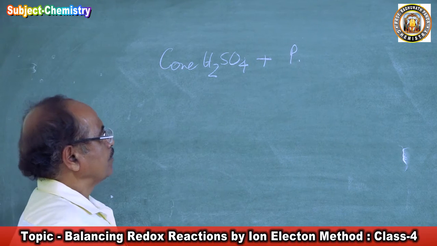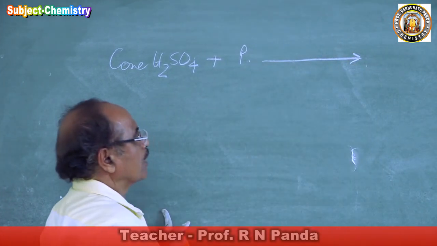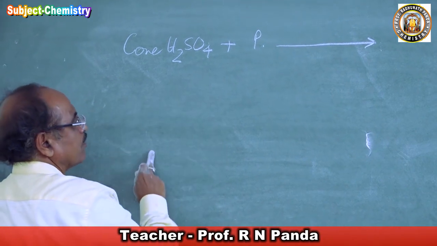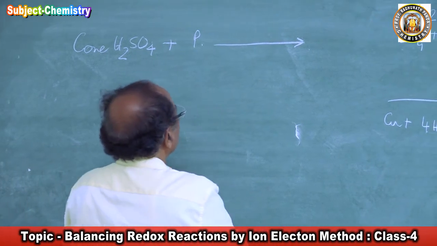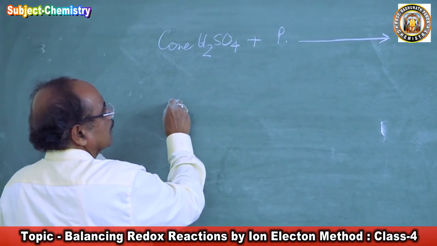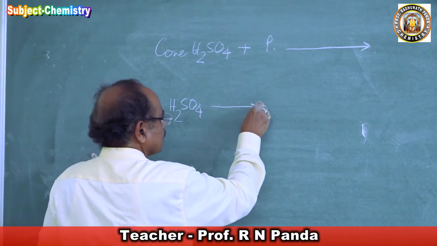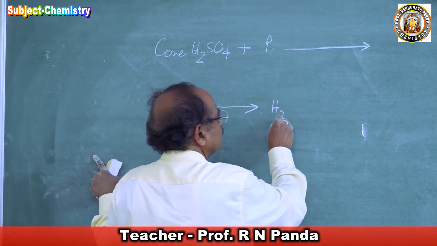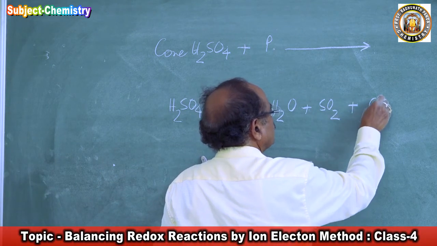How does it react? Sulfuric acid decomposes to produce H2O plus SO2 plus O.